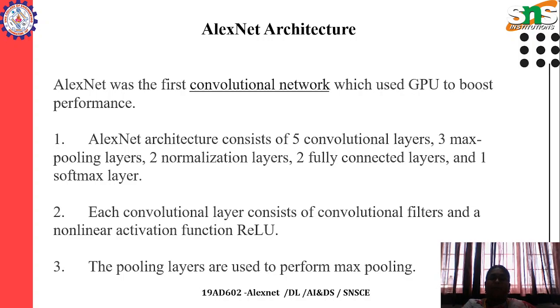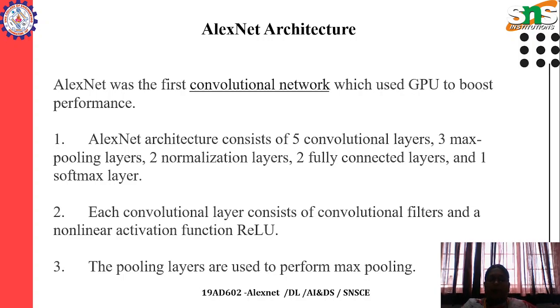Many filters are present in the convolutional layer, which filter the unwanted data coming from the input side. So whichever data is needed, that alone will be transmitted to the next layer. So mainly it has the filters, and it has ReLU, which, as I said, is an activation function.